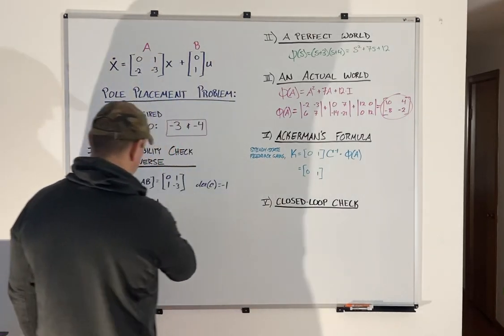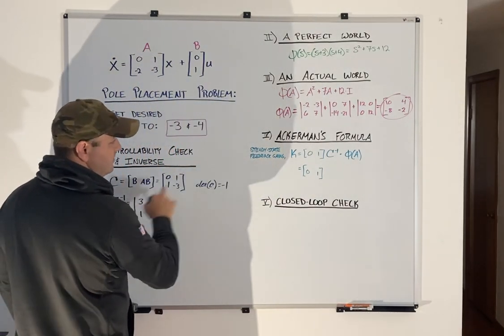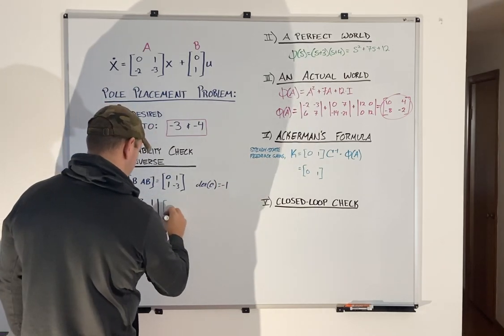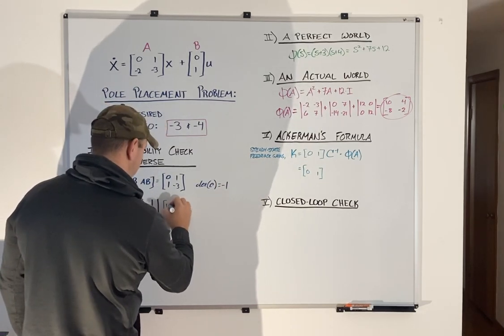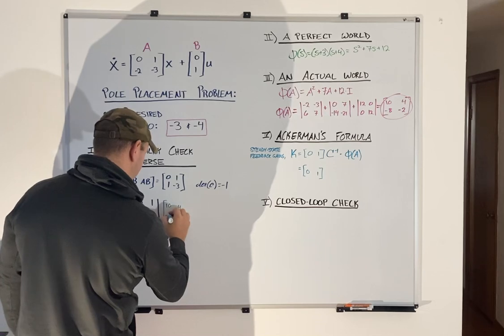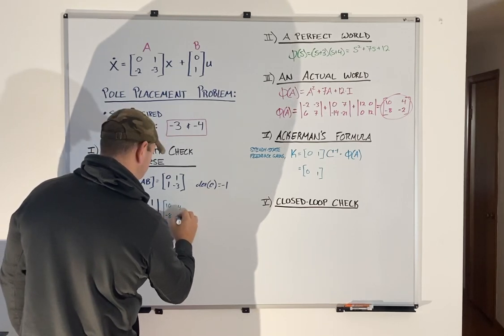C inverse right here times the matrix from above, which is [10, 4; -8, -2].